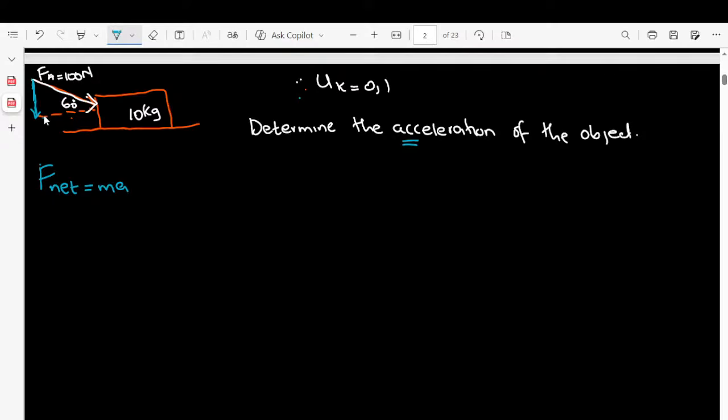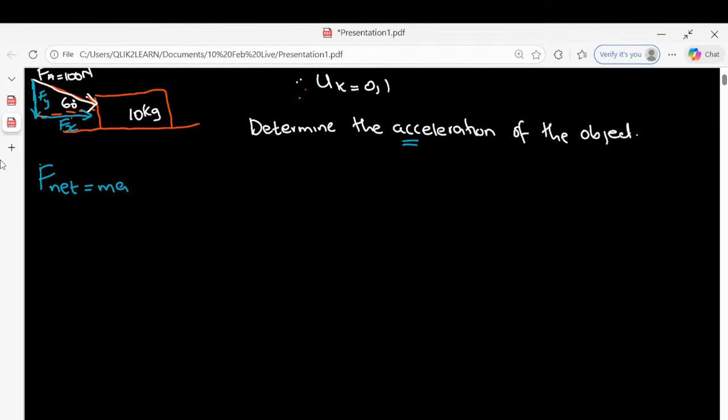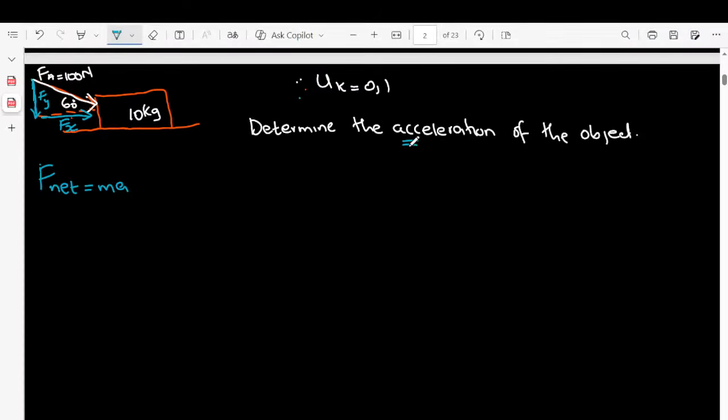The Fx will go in that direction. So this is your Fx and this is your Fy. It's very important for you to know how to identify these forces that are acting.